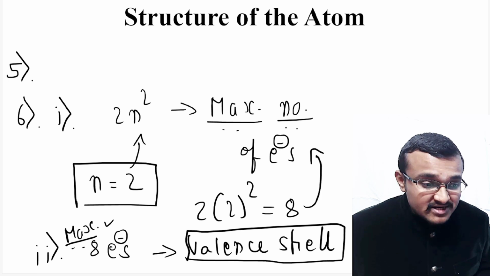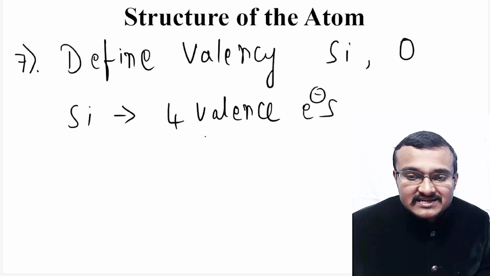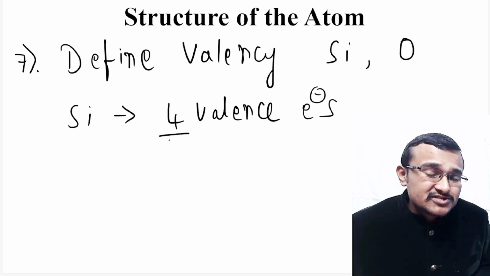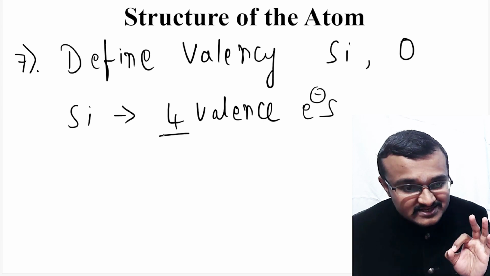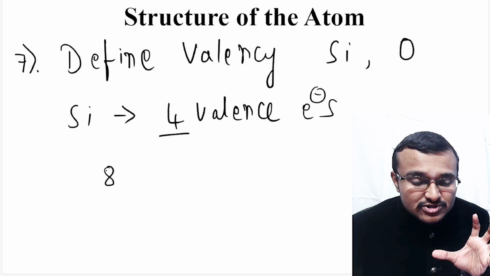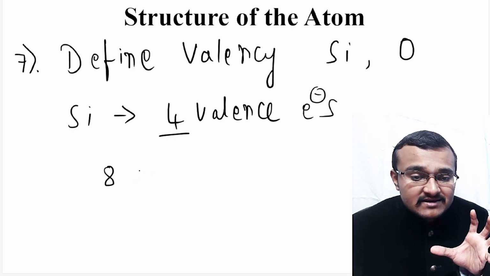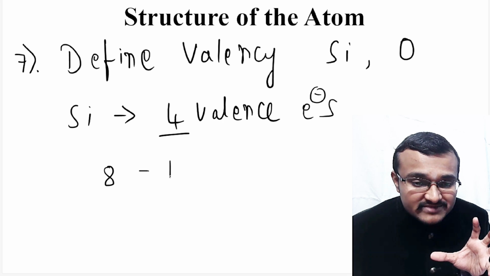According to this second rule, the valence electrons present in silicon are 4. Because 4 valence electrons are present in the outermost shell of the silicon atom, where the maximum is 8, the number of electrons in the outermost orbit of this silicon atom is 4.